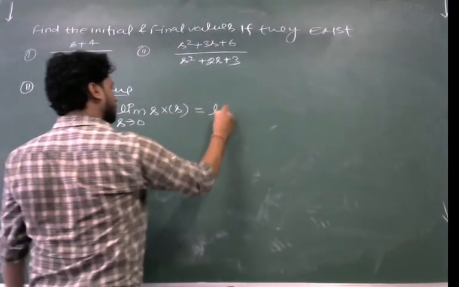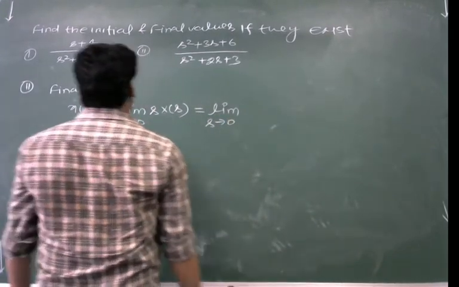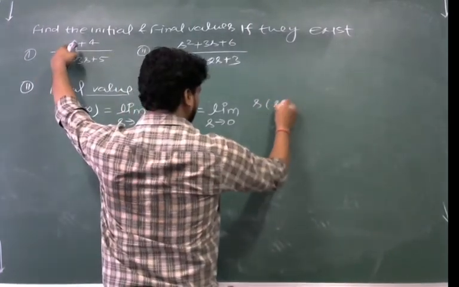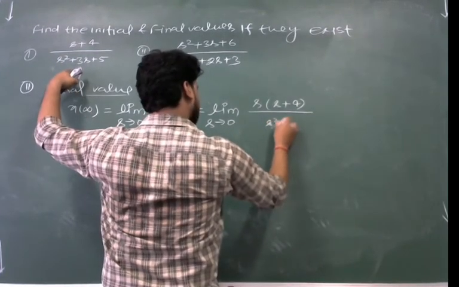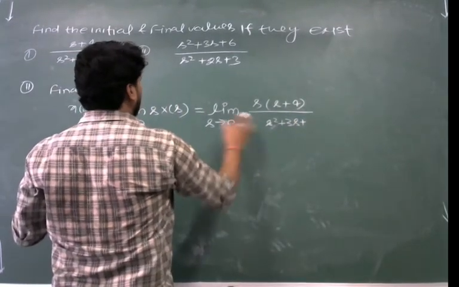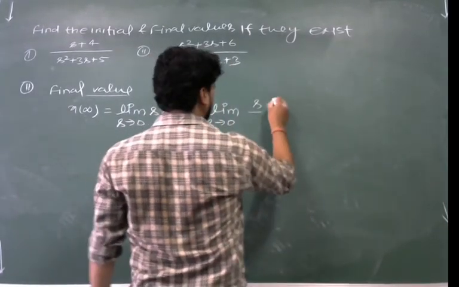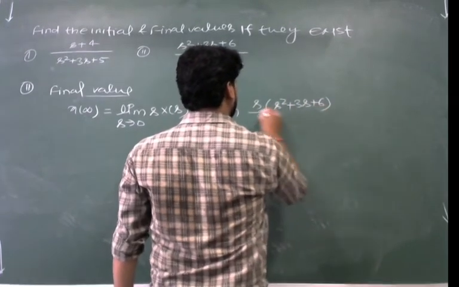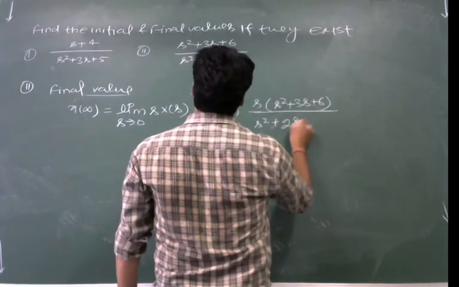In the second example, x of s is given as s square plus 3s plus 6 divided by s square plus 2s plus 3.